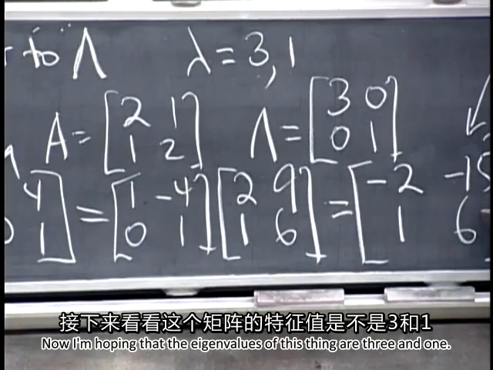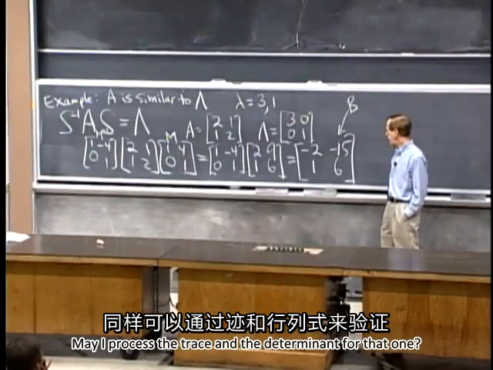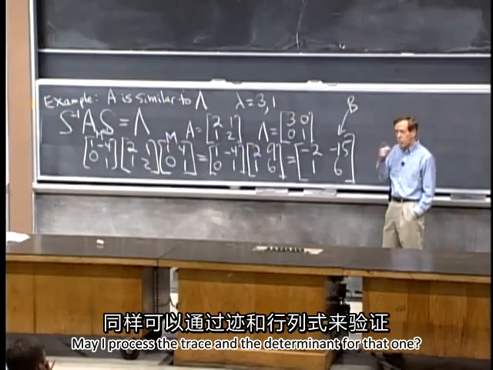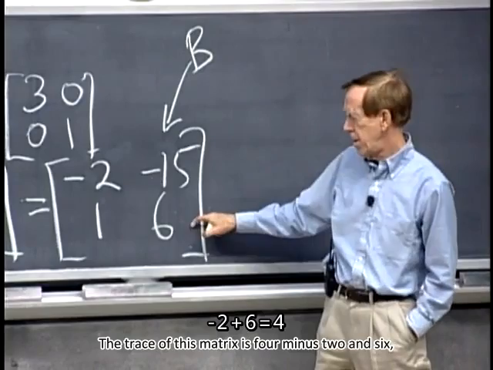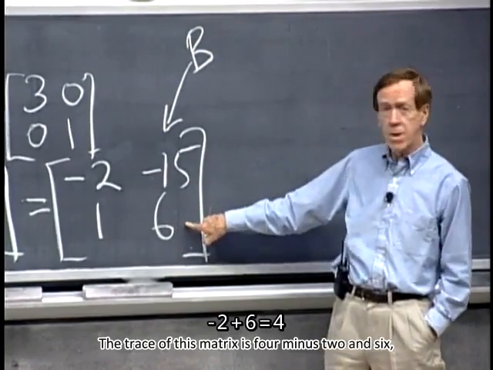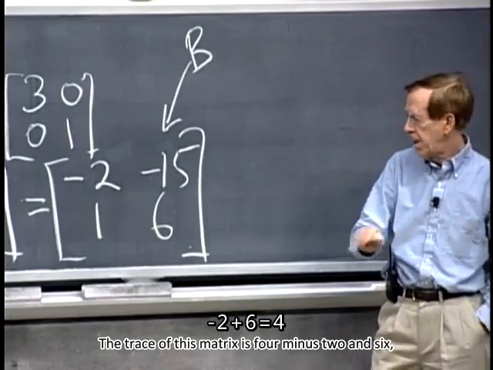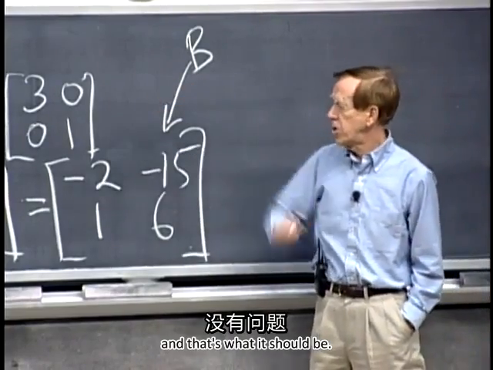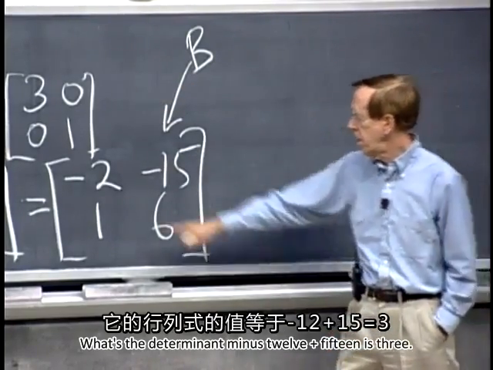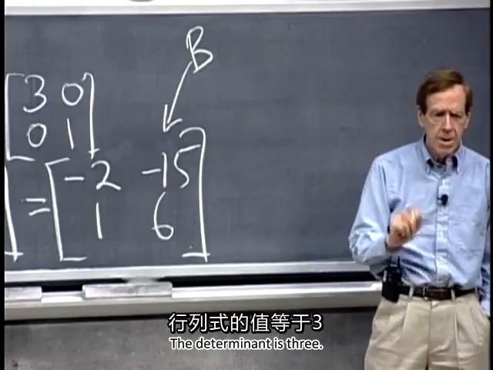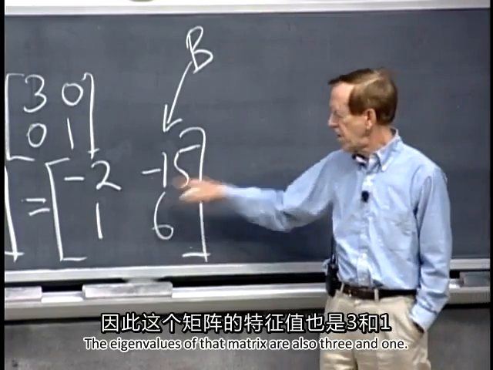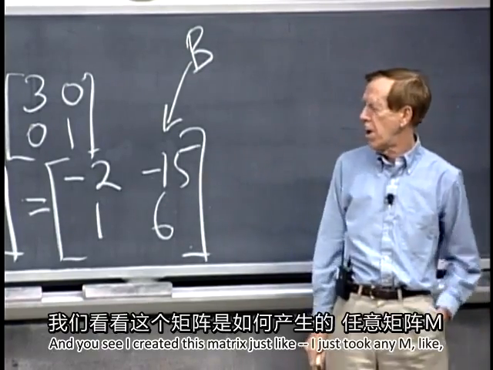Now, I am hoping that the eigenvalues of this thing are 3 and 1. May I process the trace and the determinant for that one? The trace of this matrix is 4, minus 2 and 6, and that's what it should be. What's the determinant? Minus 12 plus 15 is 3. The eigenvalues of that matrix are also 3 and 1.